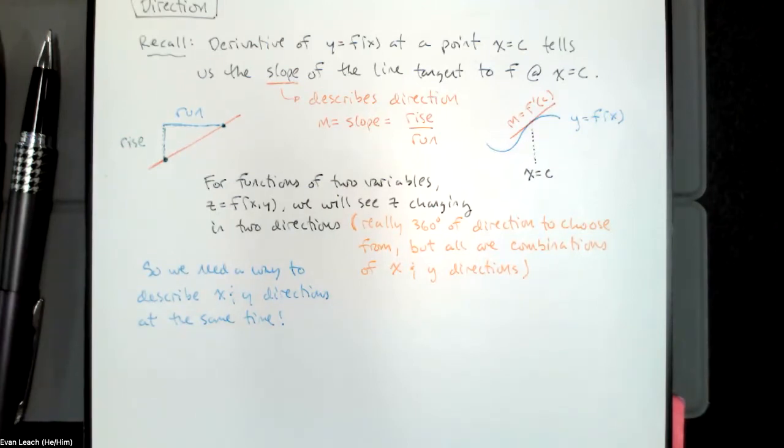Saw this a little bit last week when we talked about delta Z over delta X. How much is Z changing in the X direction? And delta Z over delta Y. How much is Z changing in the Y direction? We're still just trying to expand our slope of the tangent line. But now if we're making a tangent at a surface, I have some slope in the X direction and some slope in the Y direction.